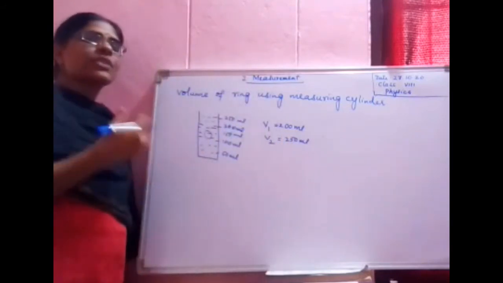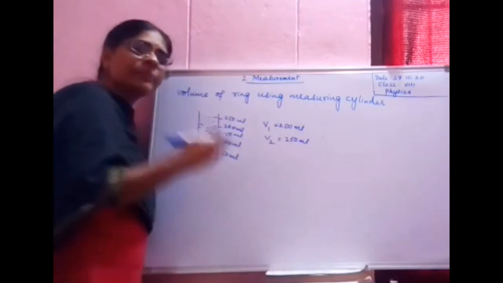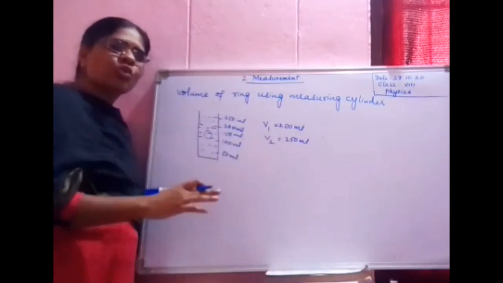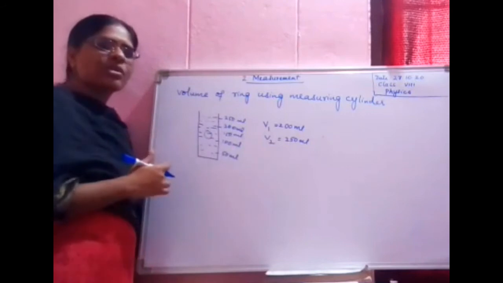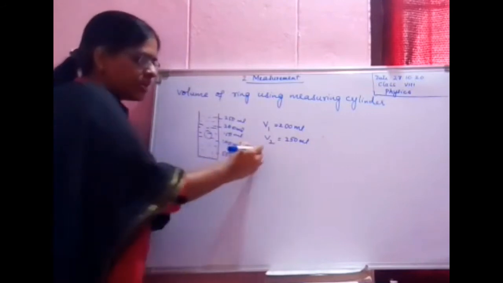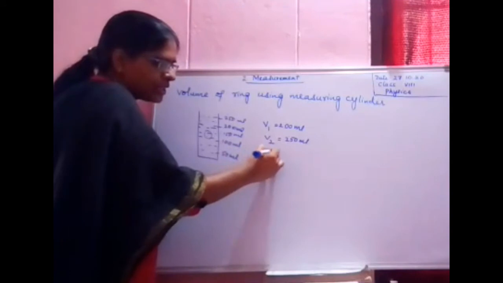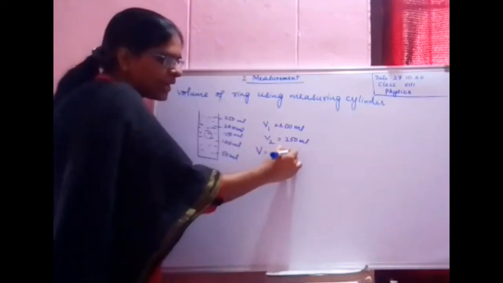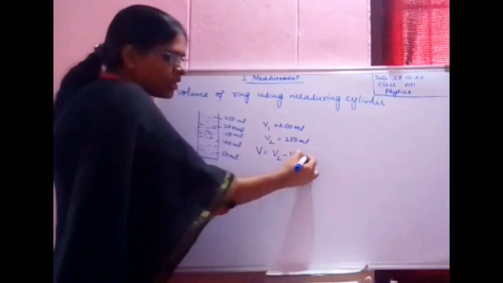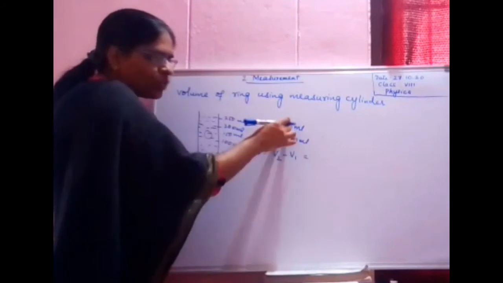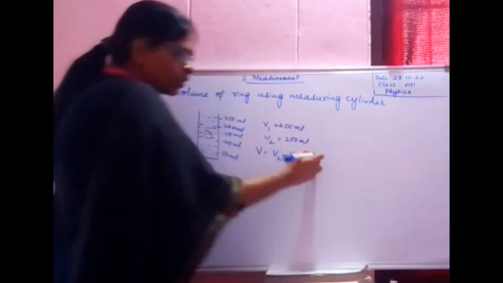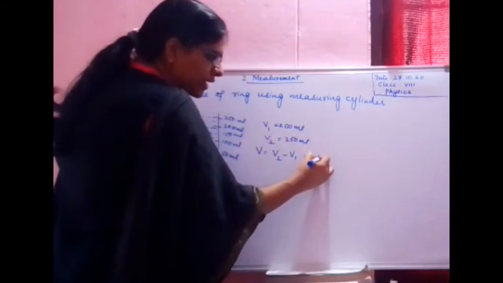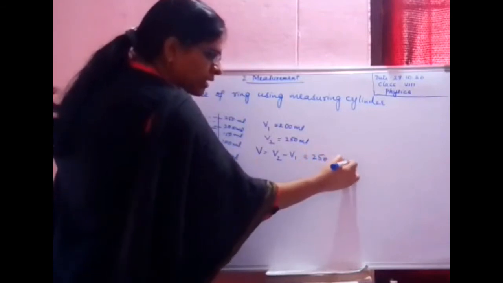Now, what is the volume occupied by my stone? I need to find out. Then the volume is V2 minus V1. That is final volume minus initial volume. How much is my final? 250 minus 200.